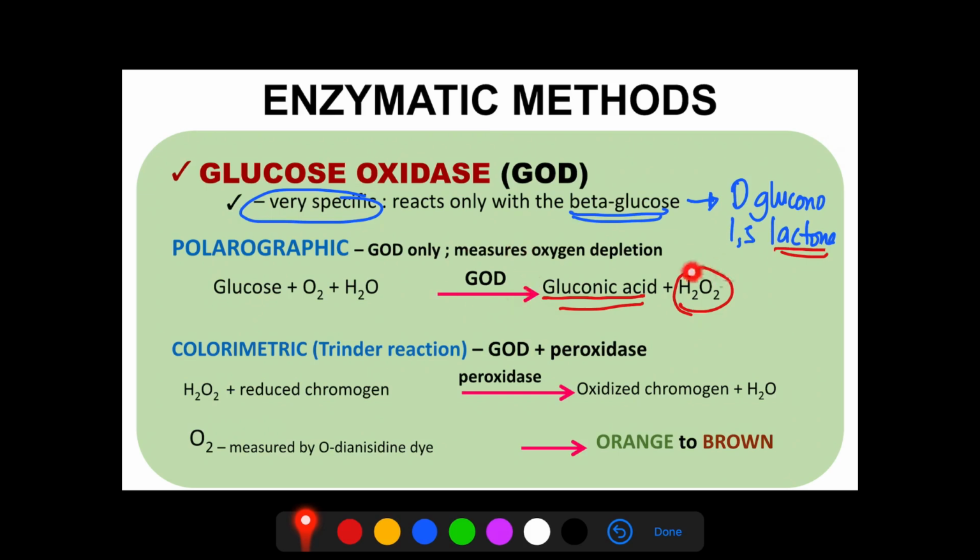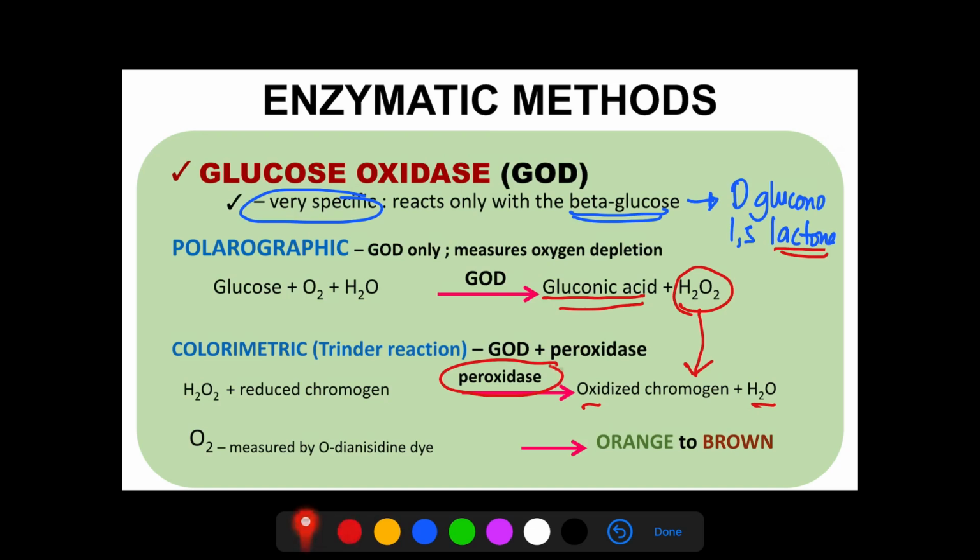Next, the hydrogen peroxide produced here is then broken down into oxygen and water by another enzyme, the peroxidase enzyme. So this H2O2 will be broken down into oxygen and water by the enzyme peroxidase.